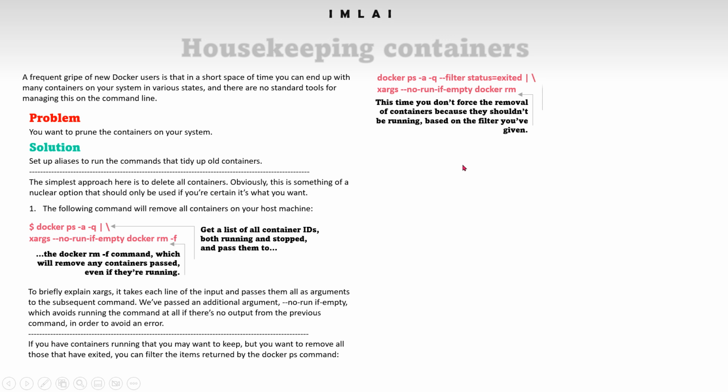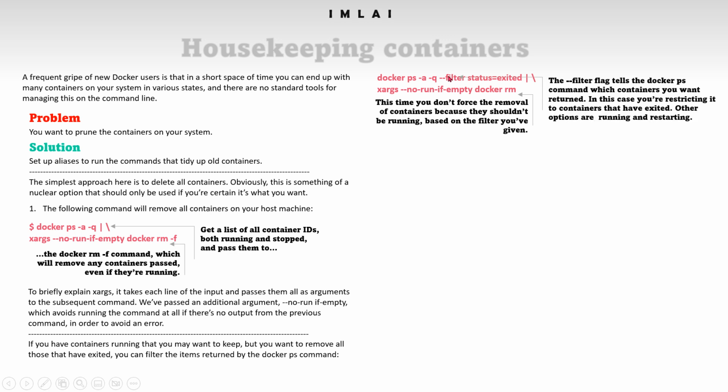So here, if you look into this example, you see the filter option. The filter flag tells the docker ps command which containers you want returned. In this case, you are restricting it to containers that have exited, only exited state. You can see that filter and status is equal to exited. Other options are running and restarting.